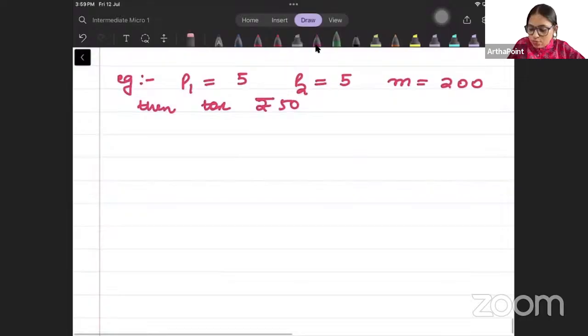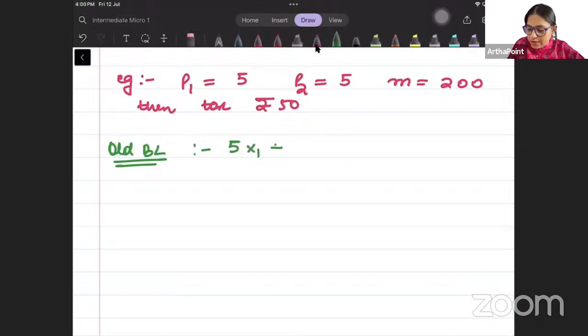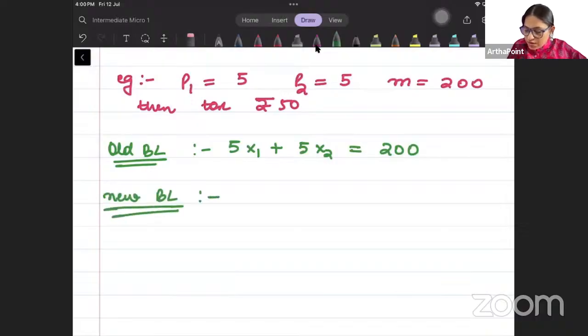So what is going to be your old budget line, beta? Very simple. P1 X1 plus P2 X2 is equal to income of the consumer. Right? And what will be your new budget line, beta? P1 X1 plus P2 X2.